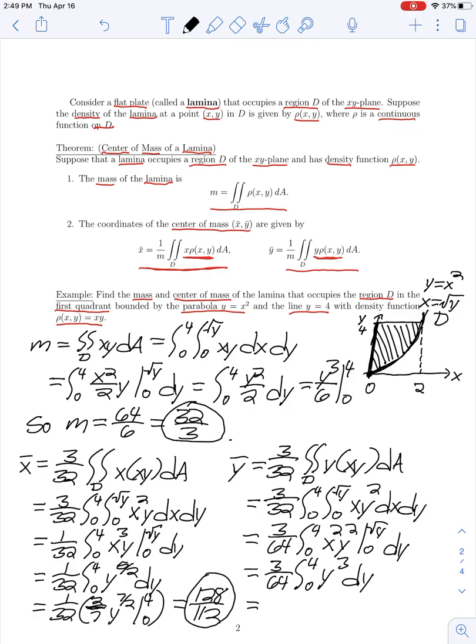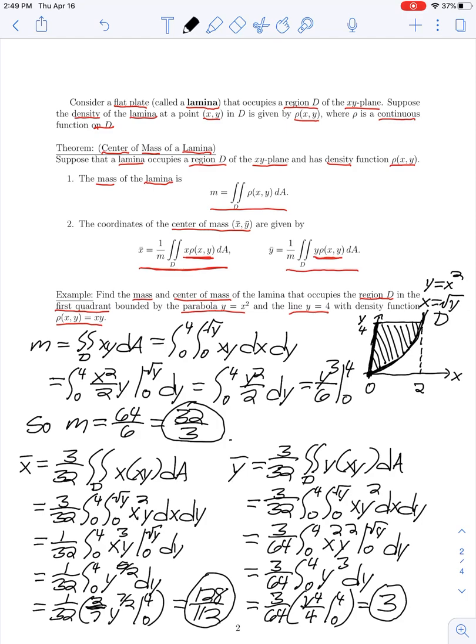So for our antiderivative, we have 3 over 64 times y to the 4th over 4, evaluated from 0 to 4. So plugging in 4 for y, we have 4 to the 4th divided by 4, or 4 cubed, which is 64, times 3 over 64 leaves us with 3.